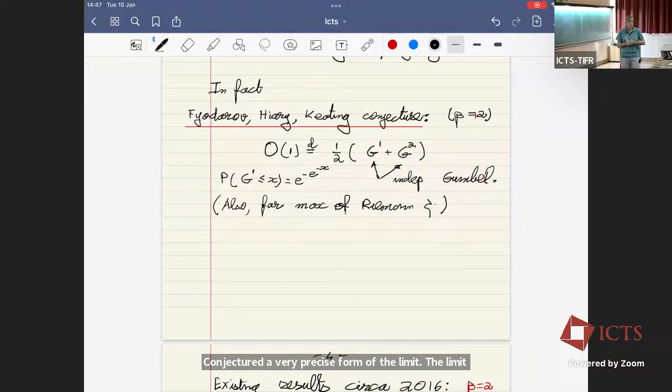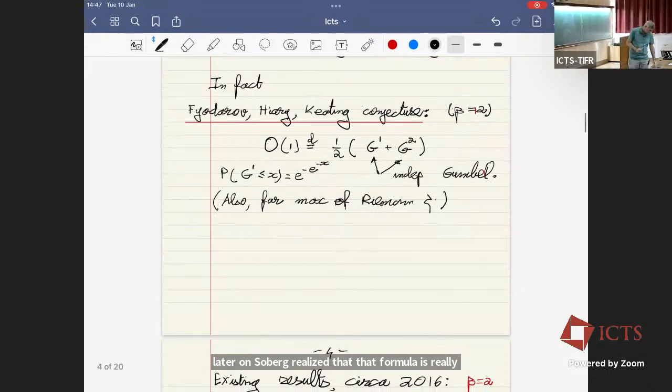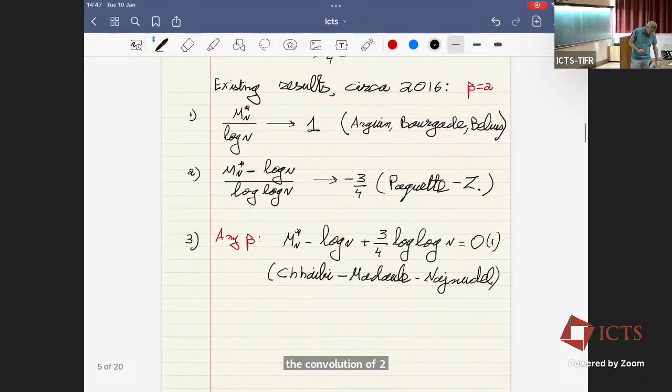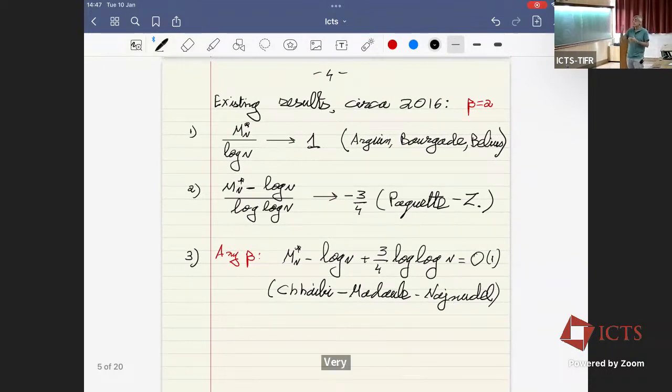Okay, so the object that we talked about is just a sum of two independent ones. If you look at their paper, it's actually not conjectured in that way. They gave a formula for the limit distribution, but later Eliran Subag realized that that formula is really the convolution of two Gumbels. Very good. So that gave motivation to study this.